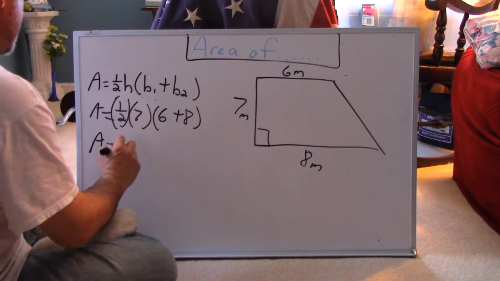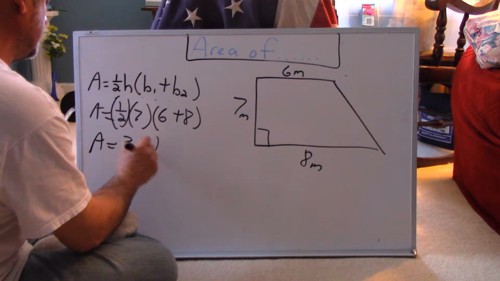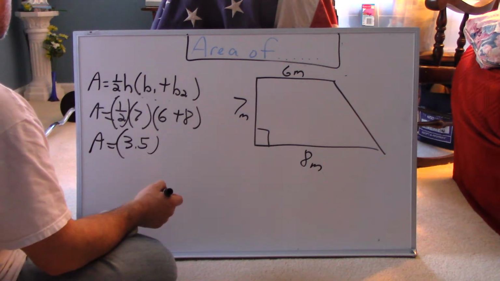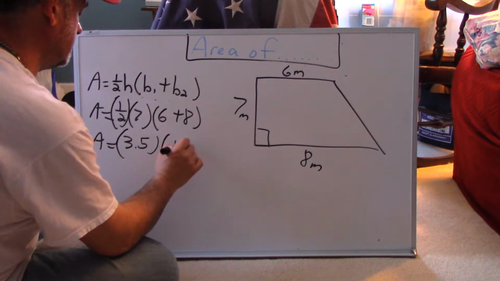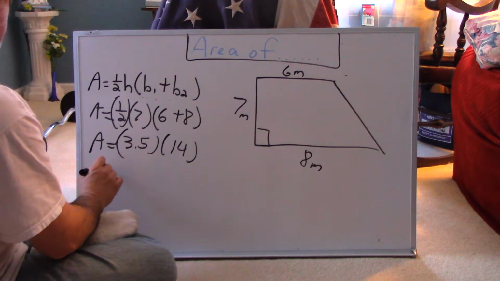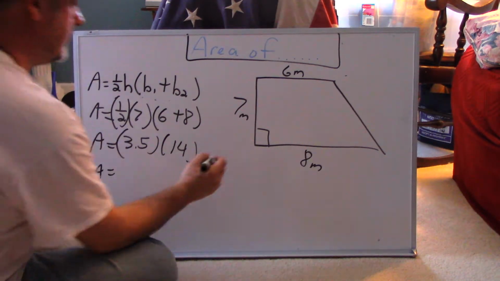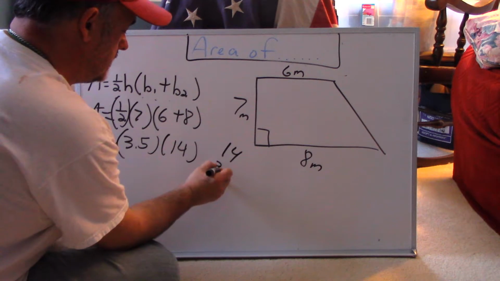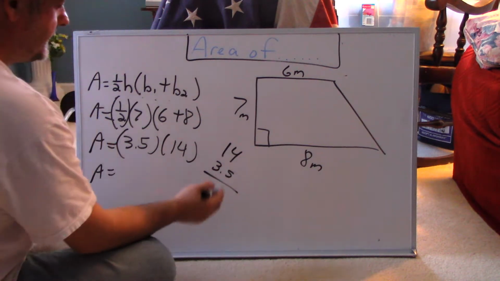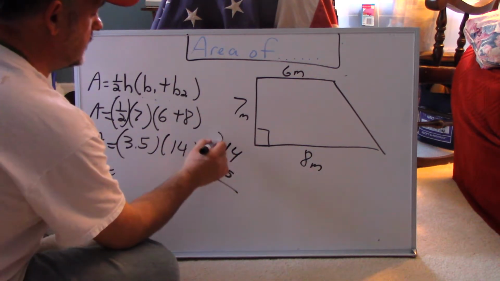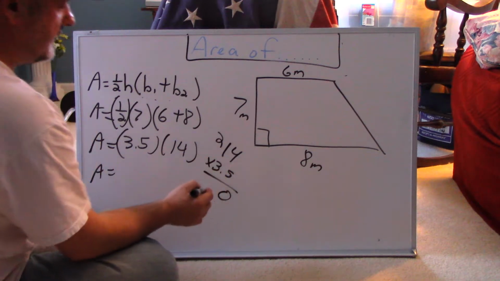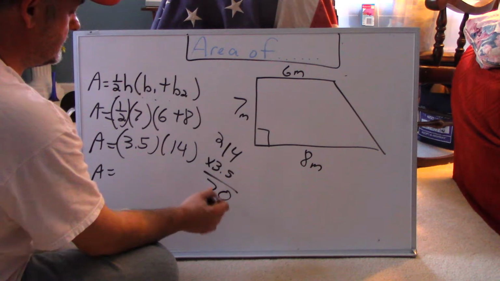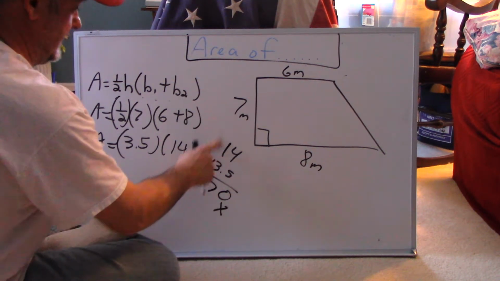Again, 1/2 of 7 is 3.5. 6 plus 8 is 14. 14 times 3.5. 5 times 4 is 20. 5 times 1 is 5 plus 2 is 7. Add my x, erase that.